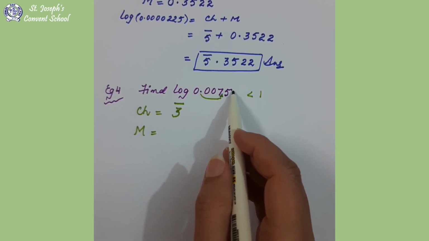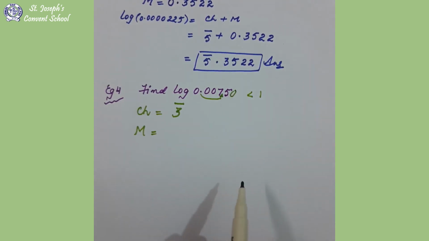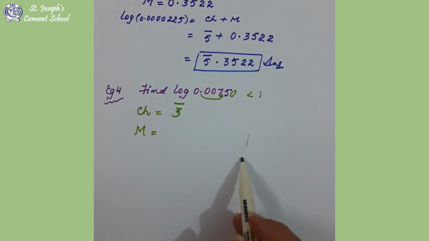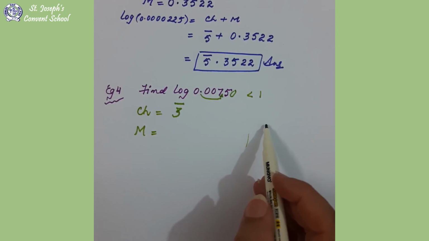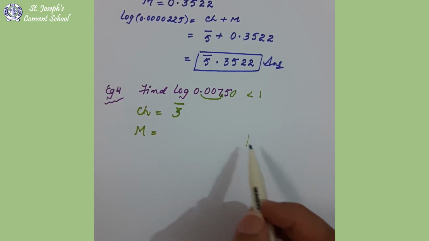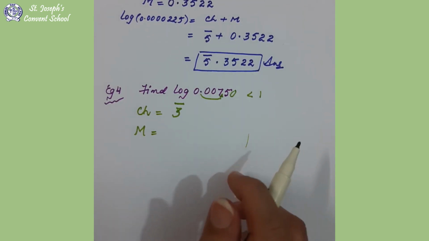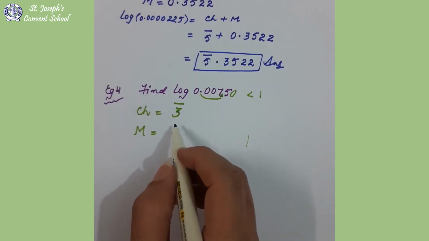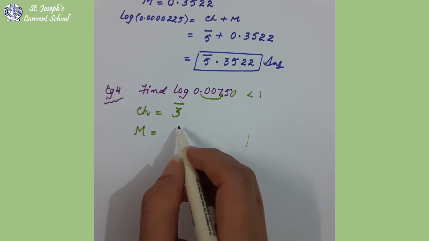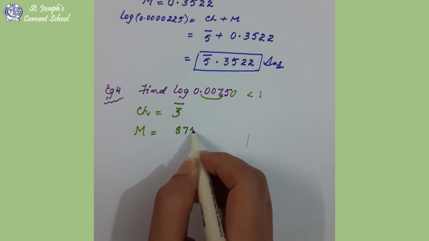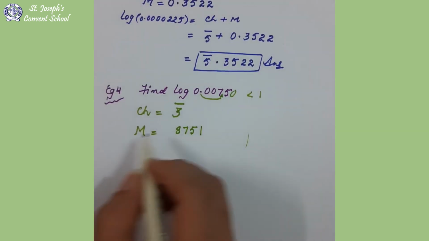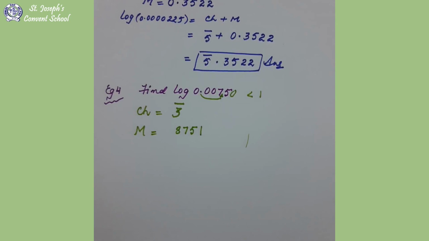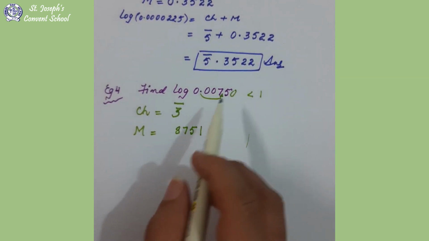So 75 here and column 0 here, and check the intersection of it. 75 column 0, you will get the value 8 7 5 1. This is the value of 75 column 0.